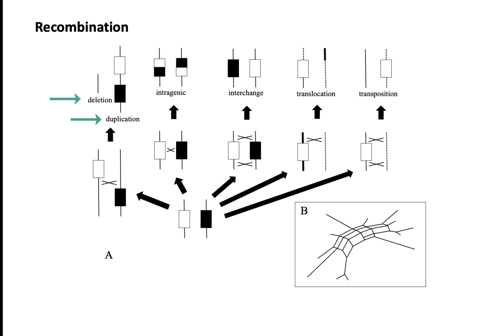There are intragenic crossover events that can lead to a chimeric gene. The duplications can lead to different orthologs as well as paralogs. And then you can get gene exchange between chromosomes and between taxa, and then translocations and transpositions of genes.